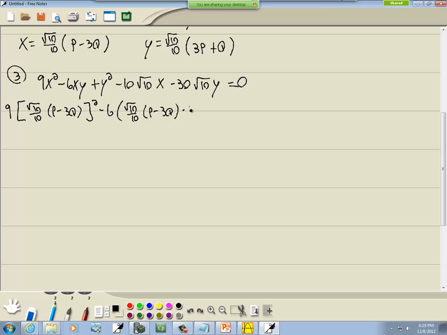Y is square root of 10 over 10 times 3p plus q.